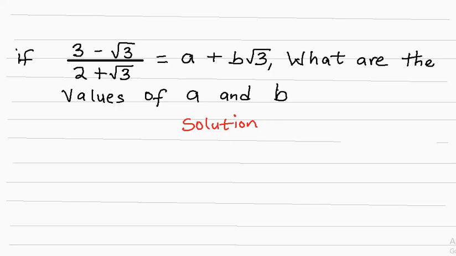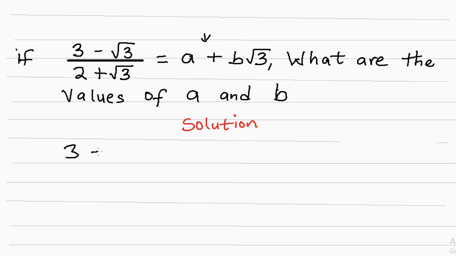Okay, so in this case, we still have to rationalize. Then as we rationalize this surd, we express it in this form. By expressing it in this form, you will be able to pick out A and B, all right? So let's rationalize.